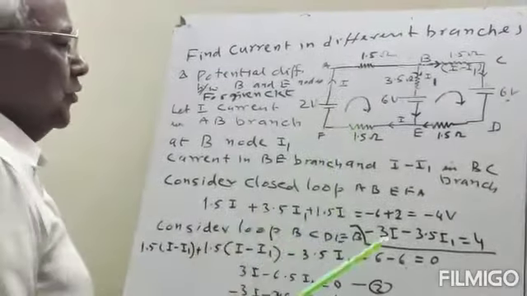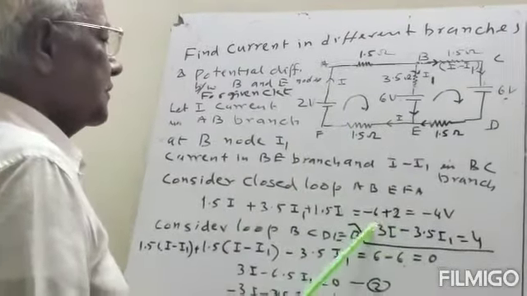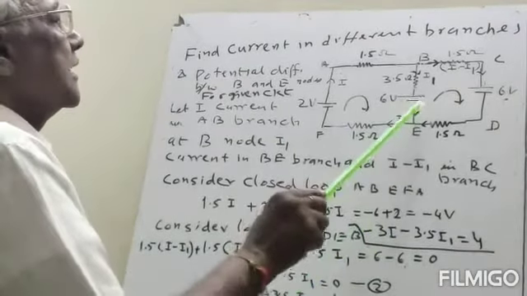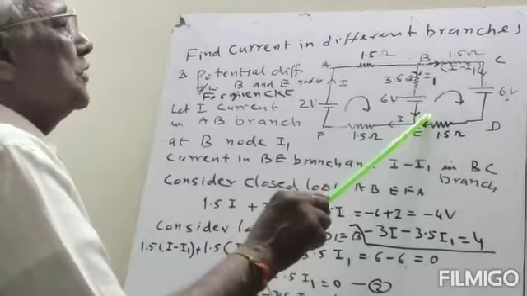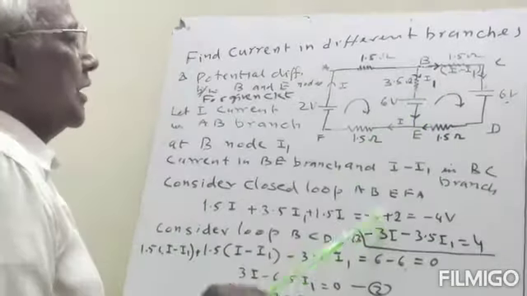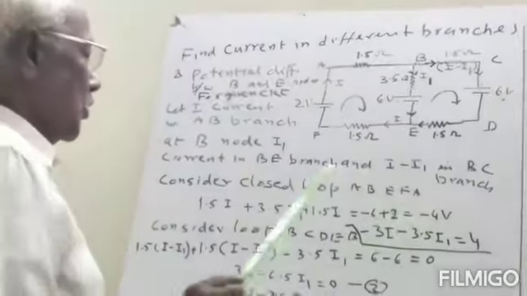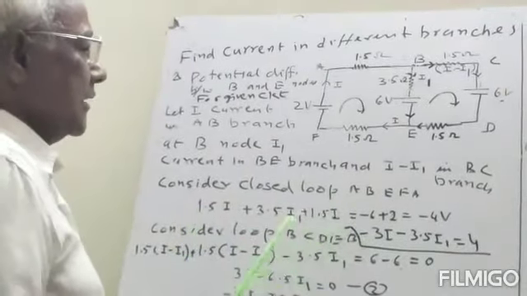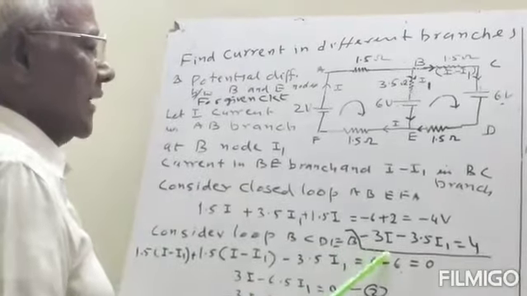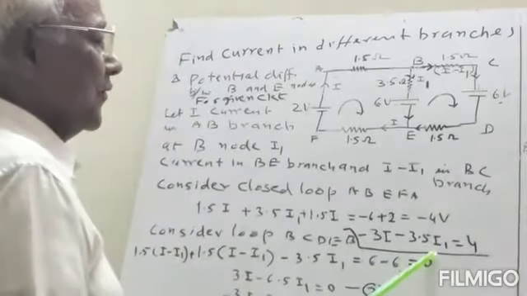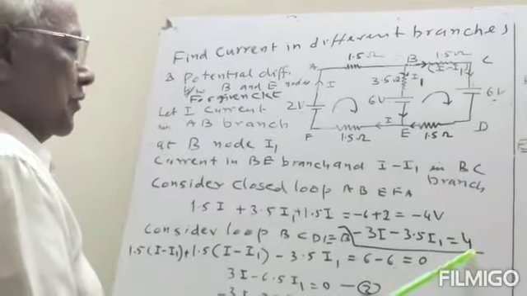This is equal to minus 6, because it is entering from positive to negative, so it is minus 6 volt, and here it is going from negative to positive, so it is plus 2. So we will add it, then it will be equal to minus 3I minus 3.5 I1 is equal to 4.